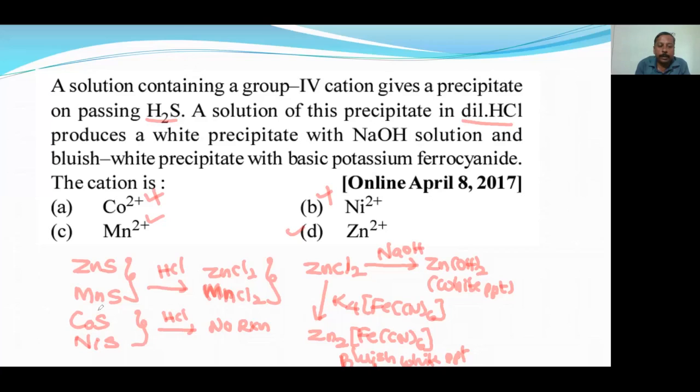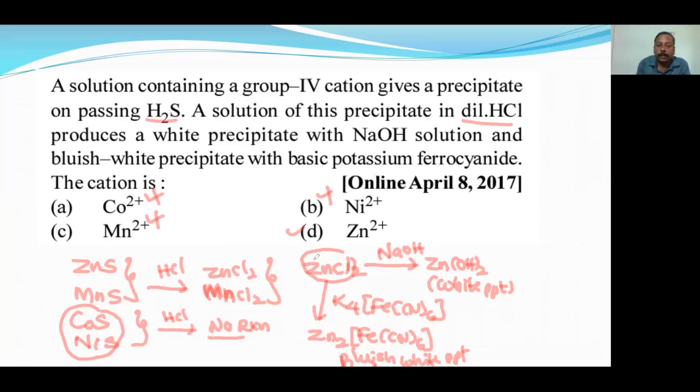Cobalt sulfide and nickel sulfide will not react at all, whereas zinc sulfide and manganese sulfide will react and form the chloride. But further conditions are met by the zinc chloride only. Further conditions are not met by the manganese. Therefore, our answer is D.